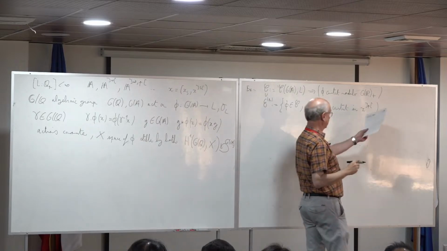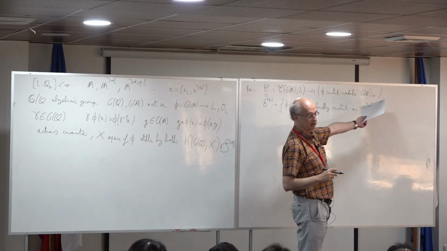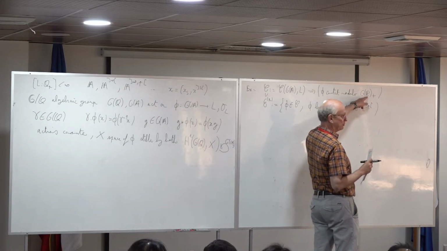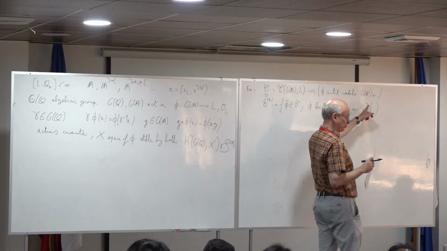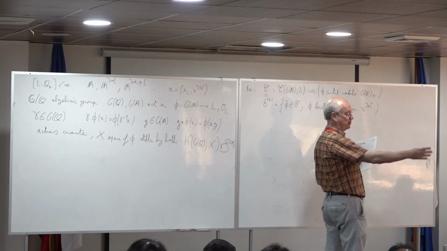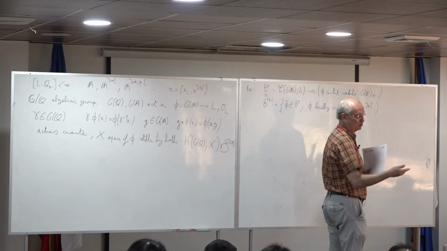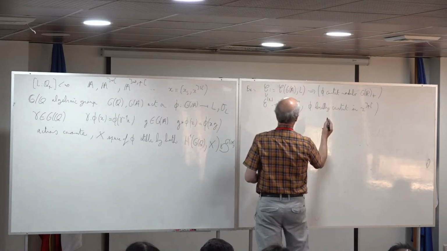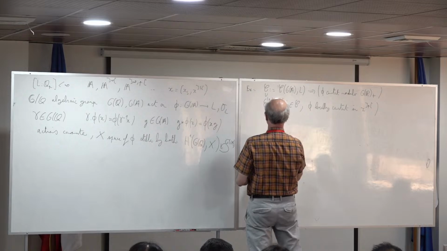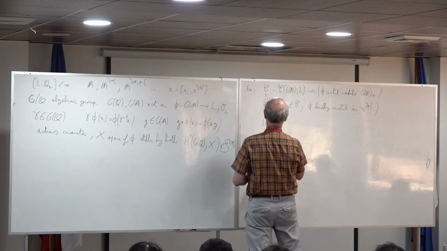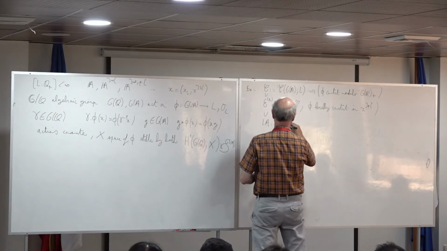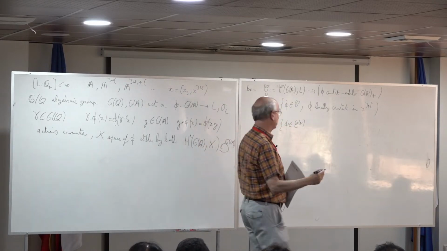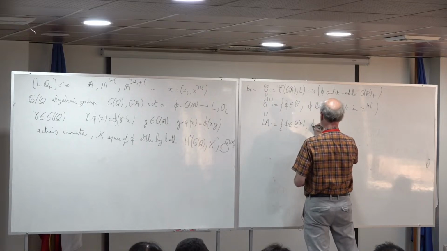It's already locally constant as a function of x_infinity, a function at a real place, because of this. And you want it to be also locally constant at all places except p. And at p, you really want to have a continuous function; you don't put any further condition. Inside here, you have the locally analytic functions: the phi in C_p, which are already locally constant outside p, and you want them to be locally analytic in x_p.